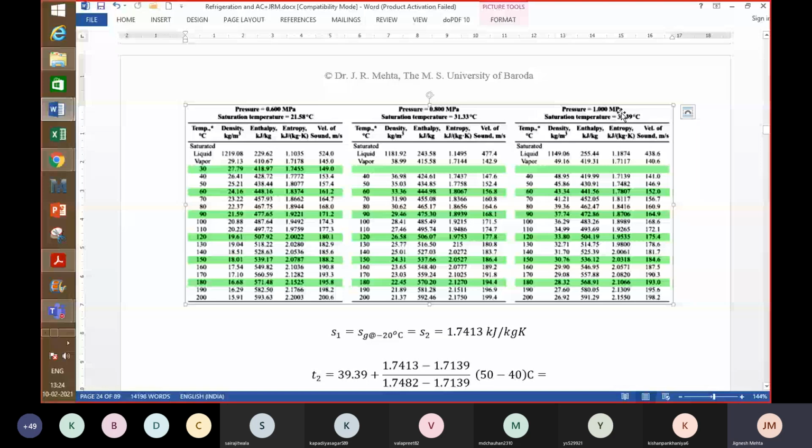Now what we know about point 2 is, one, the pressure, which is this 1 megapascal, and second, the entropy, which is equal to 1.7413.